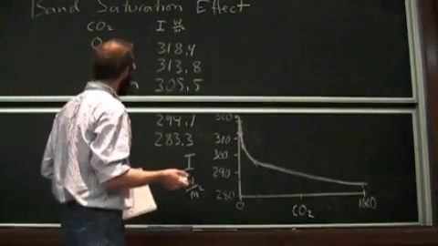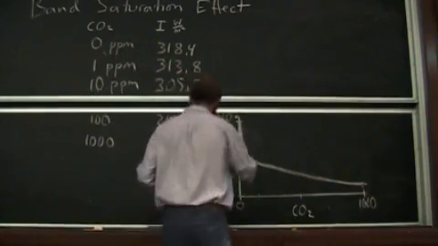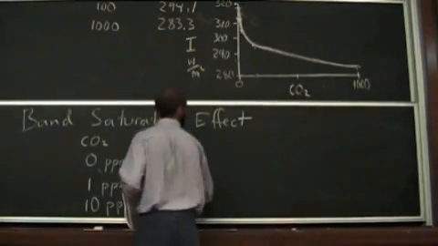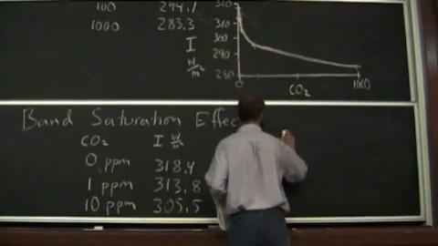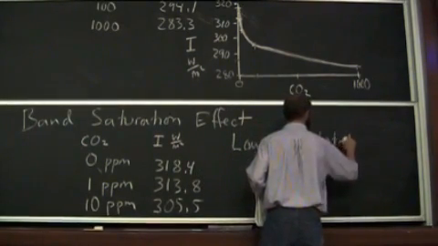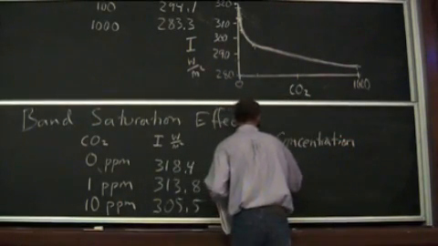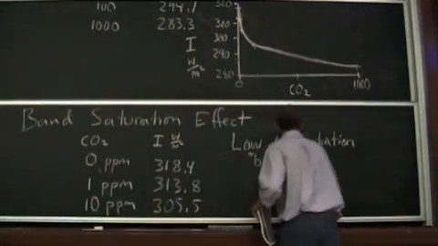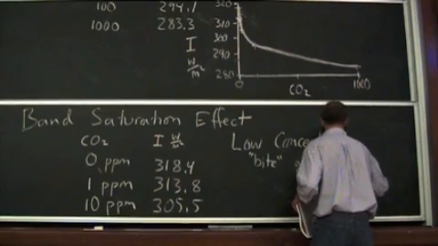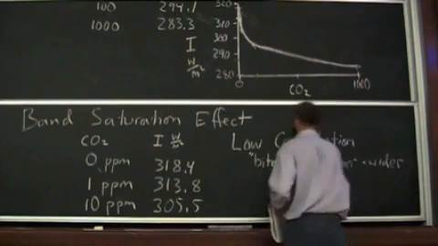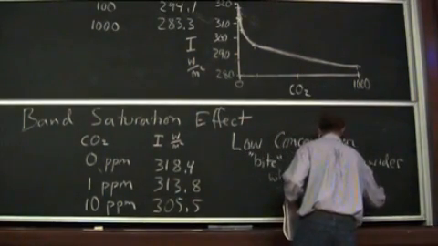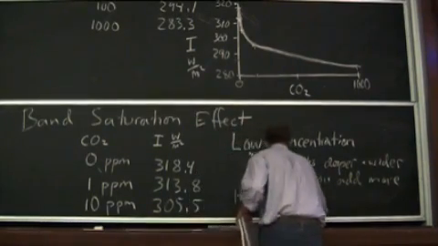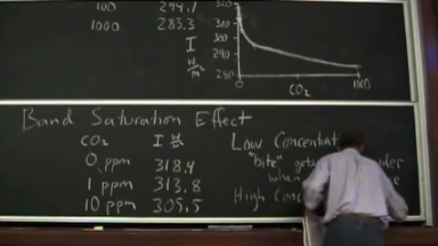So what's happening is that when the concentration is low, the light that the gas takes out of the spectrum gets deeper and wider when you add more. Whereas if the concentration is high, the bite only gets wider.